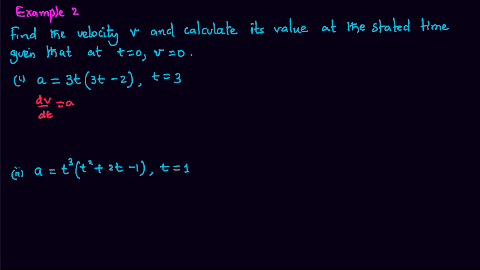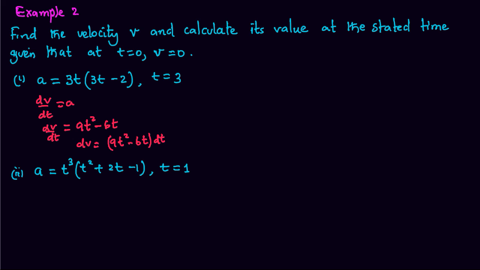In the first case, dv over dt will be equal to 9t squared minus 6t. The brackets have been removed. This becomes dv is equal to 9t squared minus 6t dt.